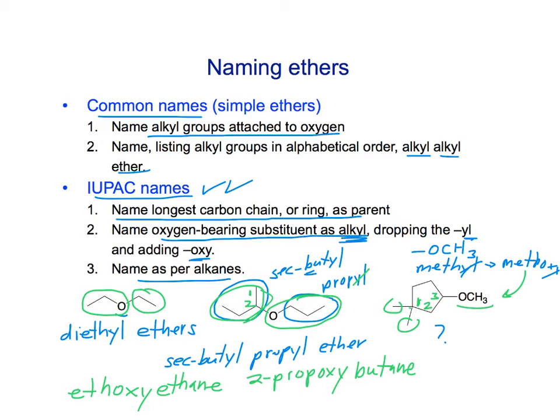Methoxy comes before methyl, so this gives us 3-methoxy-1,1-dimethylcyclopentane.